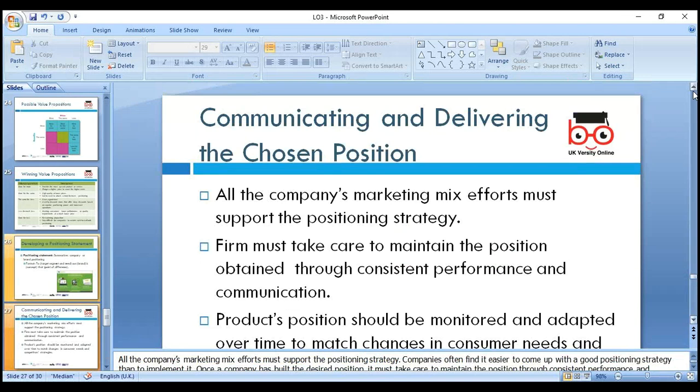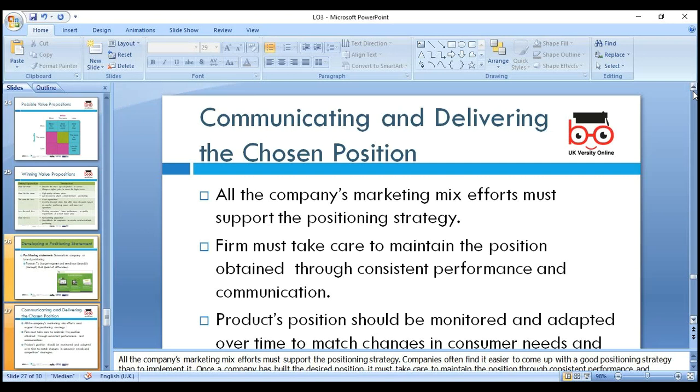Communicating and delivering the chosen position. All the company marketing mix efforts must support the positioning strategy. So the positioning strategy must be focused on the marketing mix, which we discussed as the 4 P's: product, price, promotion, and place. Now there is a new concept, the 7 P's: processes we need to look around, the people, and the physical evidence, where we really base ourselves in those surrounding areas.